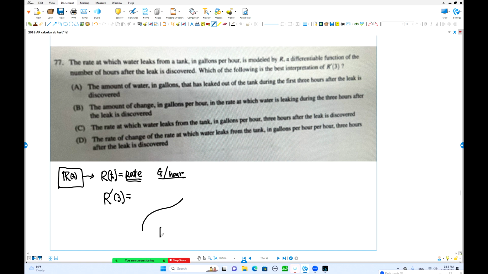At time t equals 3, this rate is increasing, right? The rate is increasing. Are you okay with this? The rate is increasing because this is x equals 3, positive. If this is positive, right? This is positive. Where is the question?